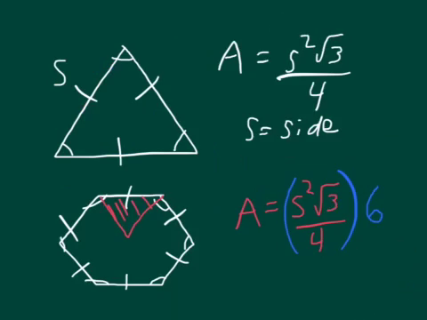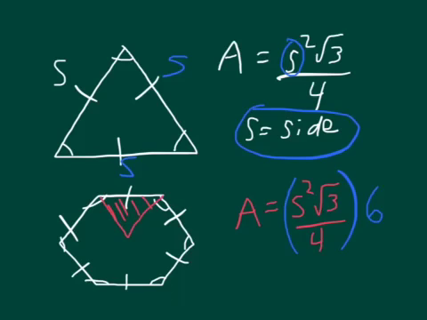Okay, that probably came at you pretty fast, and we're going to do some practice in a minute, but just a quick summary. On this first problem, we have an equilateral triangle with 3 equal sides and 3 equal angles. The area of that is side squared √3 over 4. S stands for the side, so try to highlight it a few times, but this is not a 5, it is an S. It's for any side of our equilateral triangle.